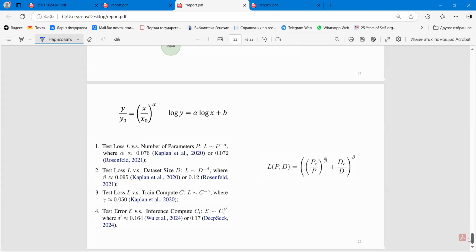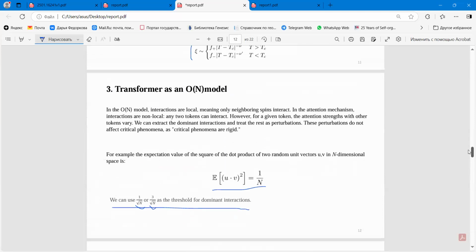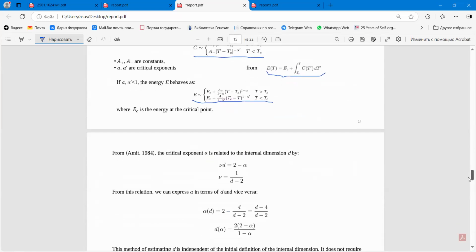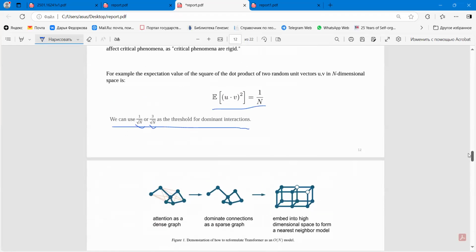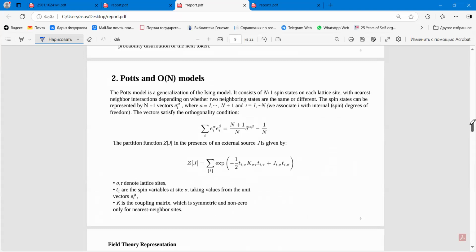Okay, so fine. And the second question I have: when you were presenting the POTS model, the O(n) model, you've been using the same number n for the number of lattice sites and for the dimensionality of those spins. Here, there are n plus one spins, and each of them is an n-dimensional vector. Now with transformers, those are two different numbers, right?